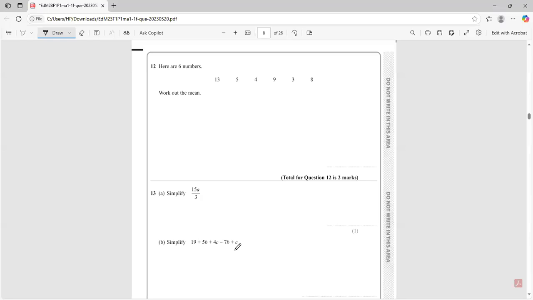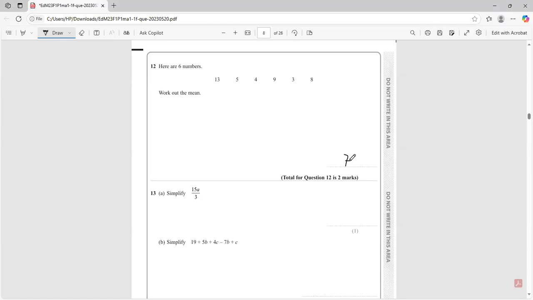And 34 plus 8 is 42. So all I now need to do is divide by 6. 42 divided by 6 is 7, because 6 times 7 is 42. So the mean is 7.